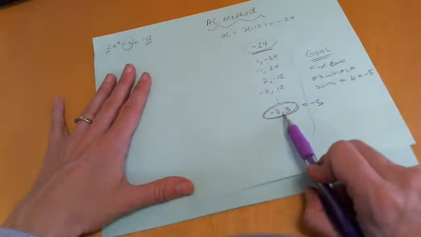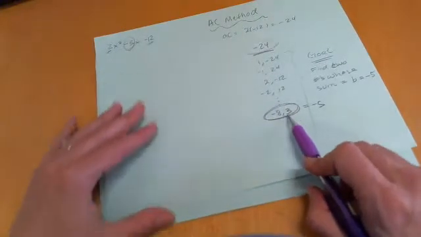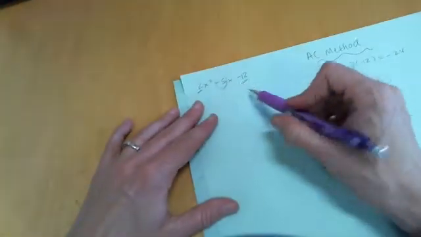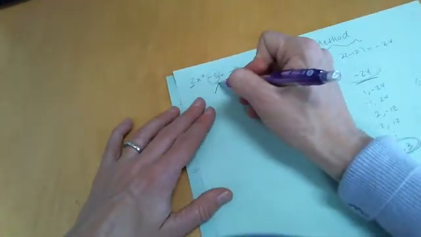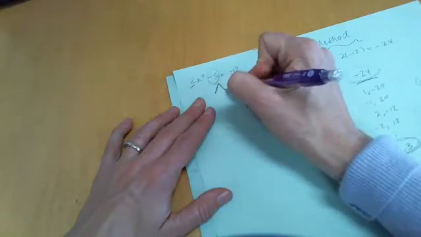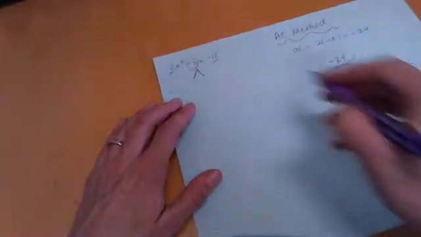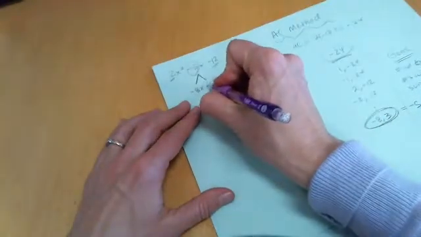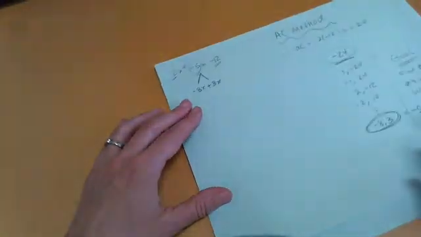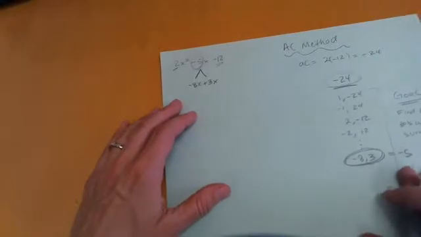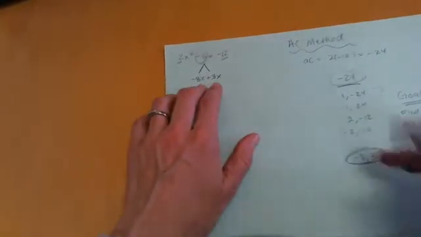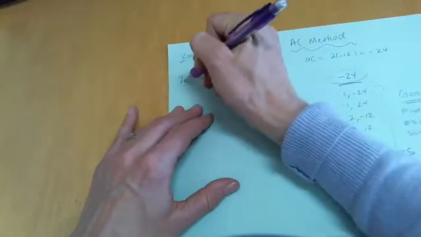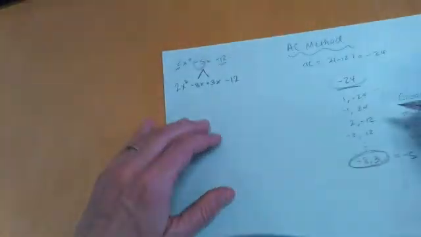And this is the part where you have to be a little bit careful, because we're going to use these two numbers to actually break up negative 5x. So we're going to make a little tree here and break this up into a negative 8x and a positive 3x, based on what I found on this side. So negative 8x, positive 3x, everything else is going to carry down. This is actually going backwards of expansion or backwards of foiling.